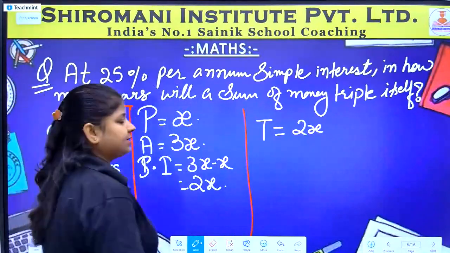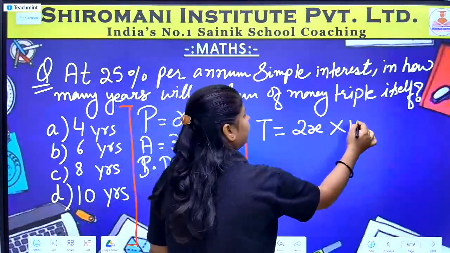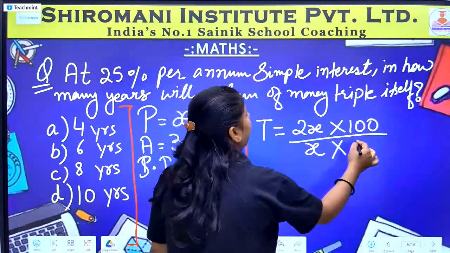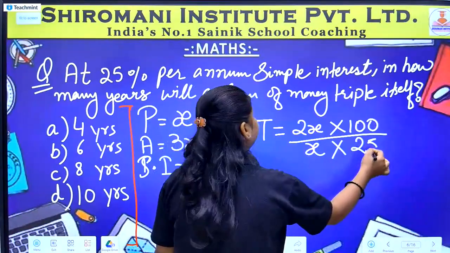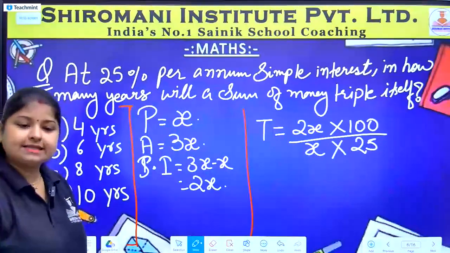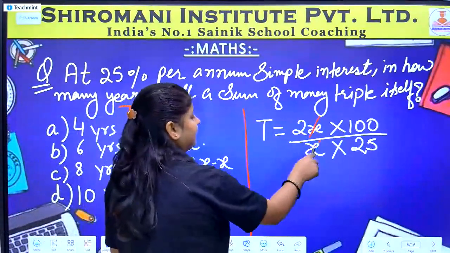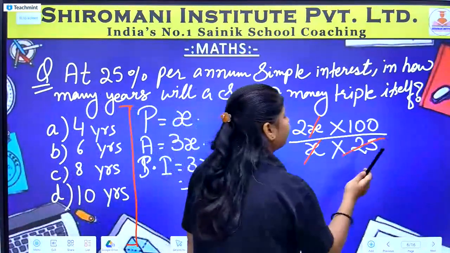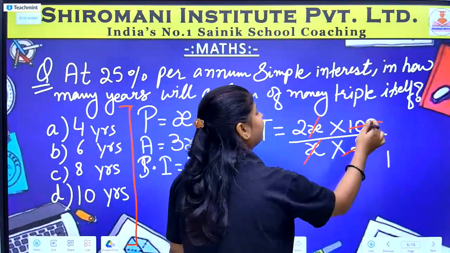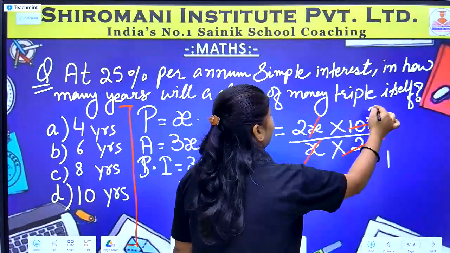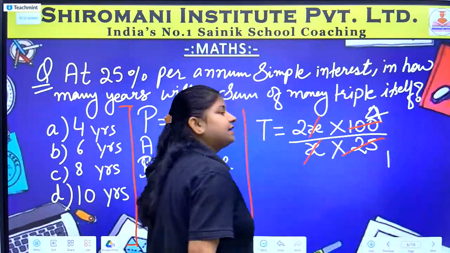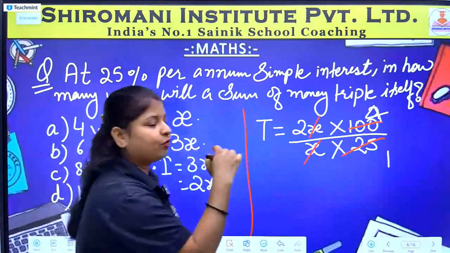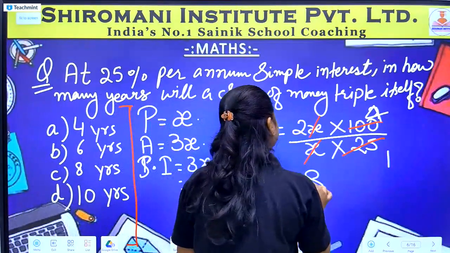SI is 2x into 100 upon my P, that is x, into R, that is 25. Now you can simplify it. x and x you can cut. 25 times 1 is 25 and 25 times 4 is 100. You are left with 2 and 4. So 4 twos are 8 years.